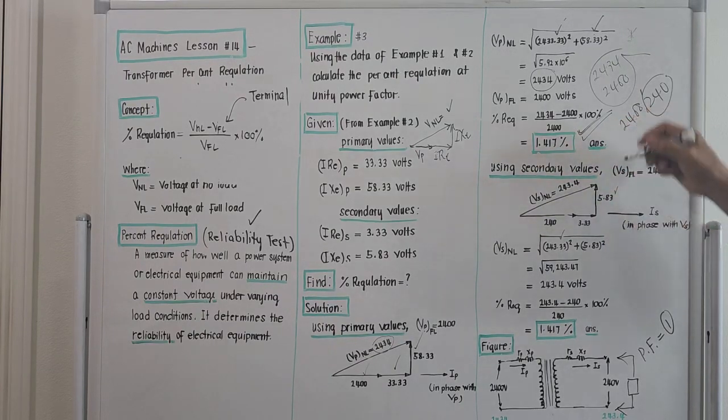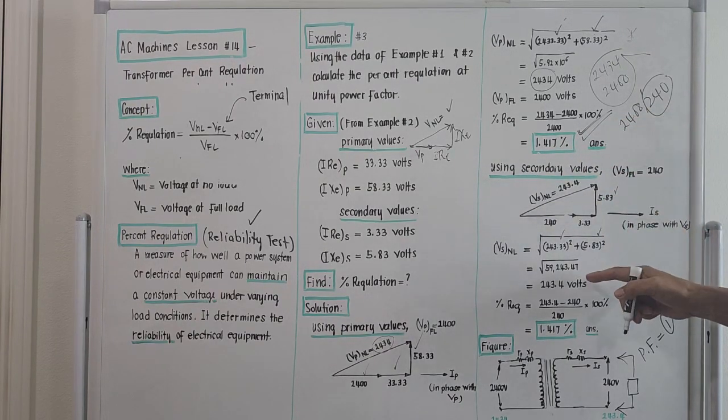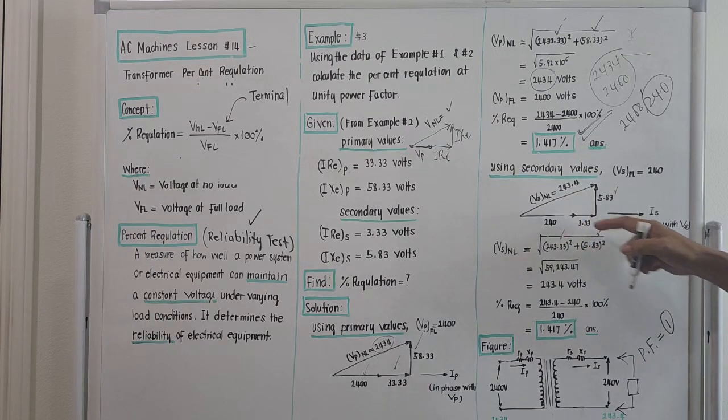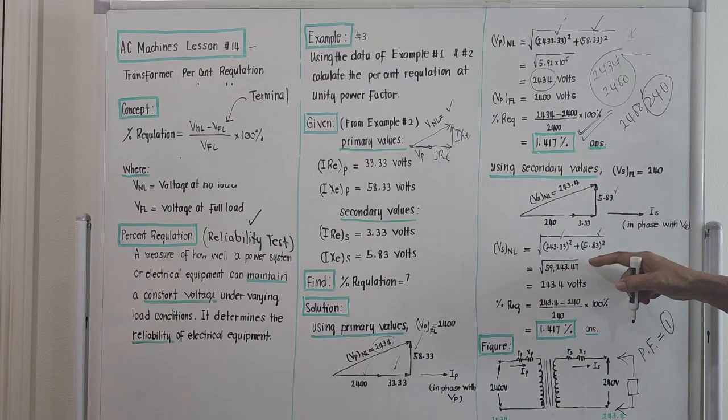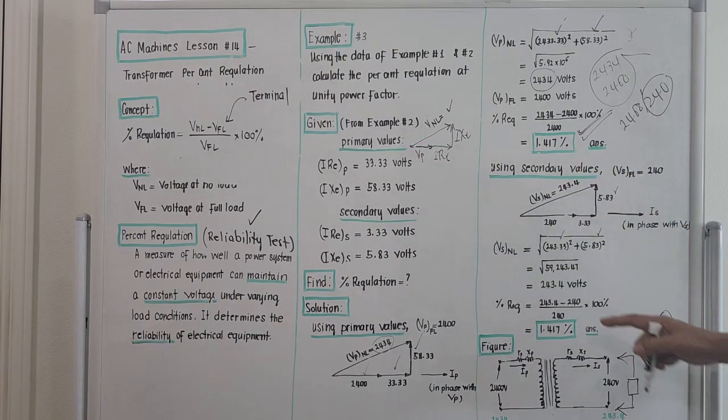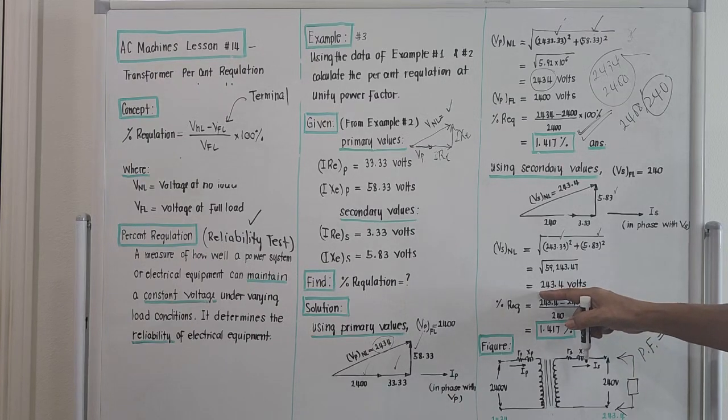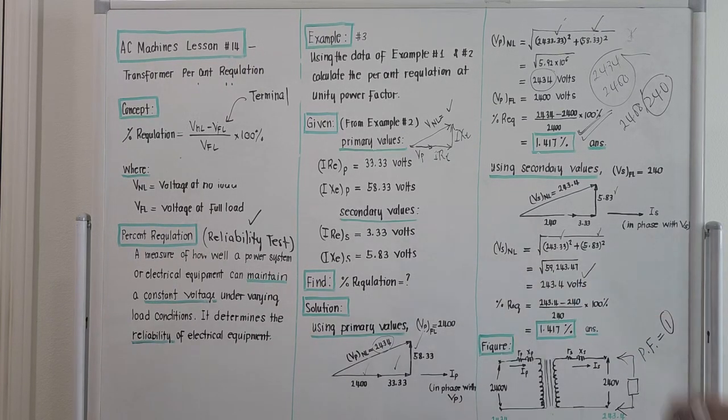Squaring and taking the sum of the squares, it will be 59,243.47. Taking the square root, it's approximately 243.4 volts. So meaning to say, we must produce 243.4 volts at no load.